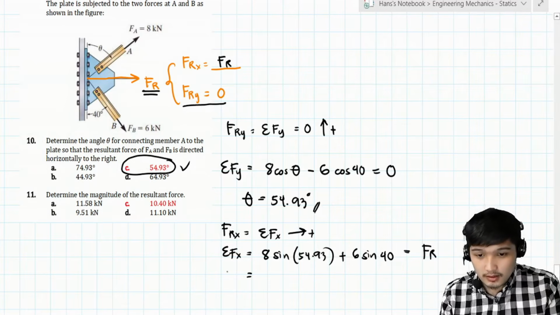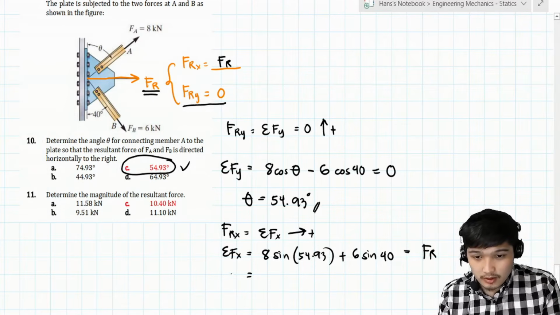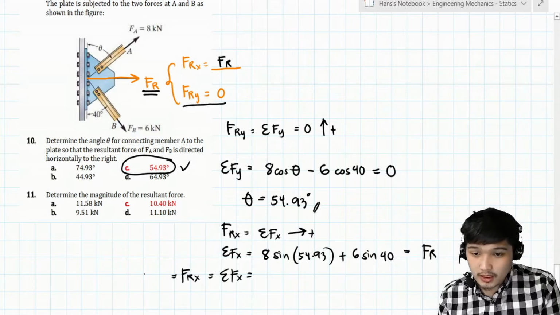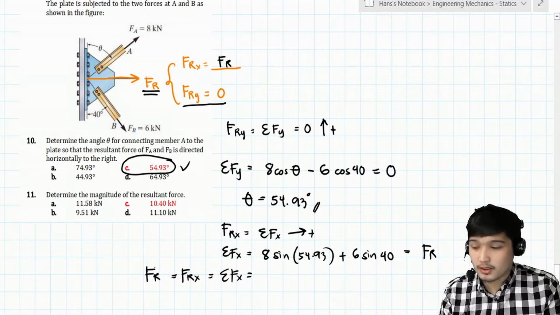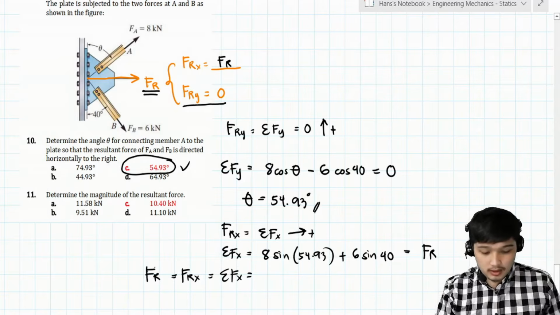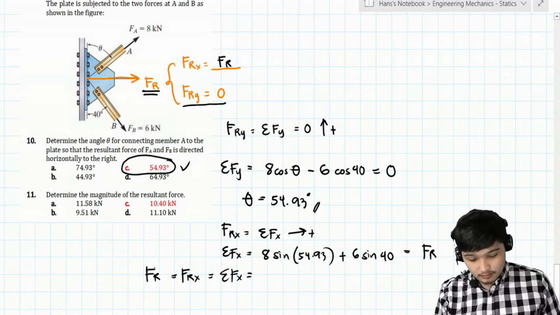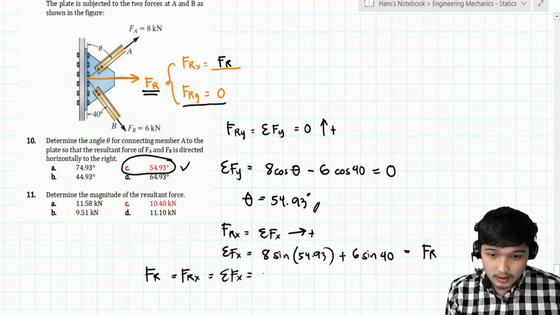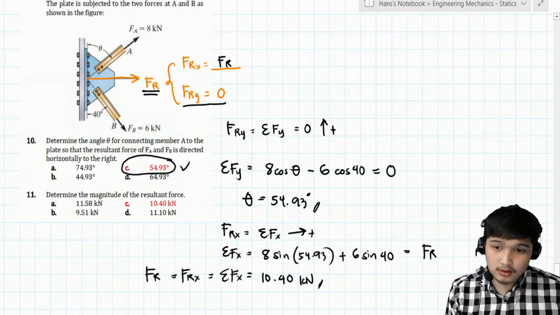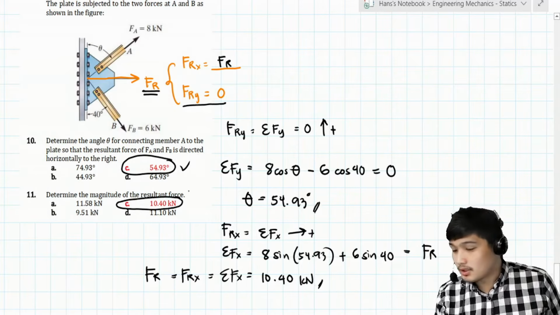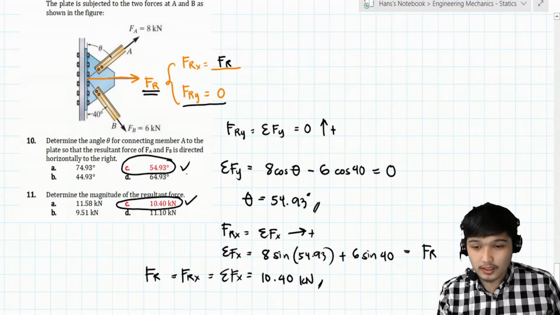So ilan ang sagot, class? So sagot 10.404 or 10.4 kilonewtons. Okay, so from the choices, that is letter C. So, correct.